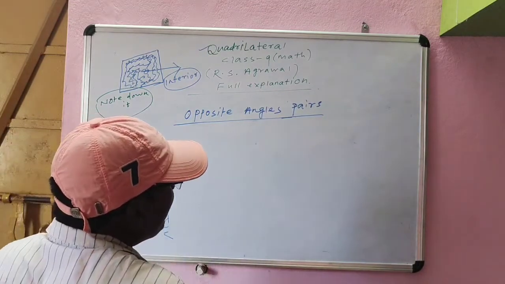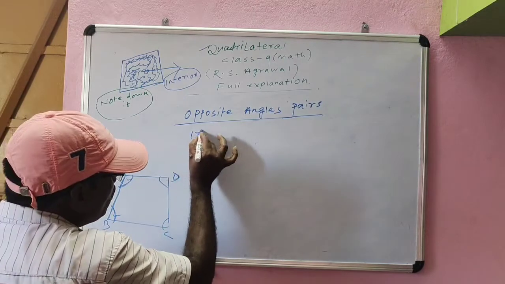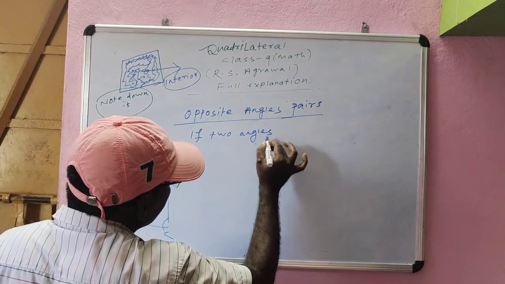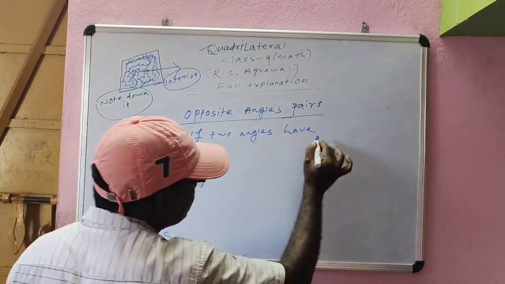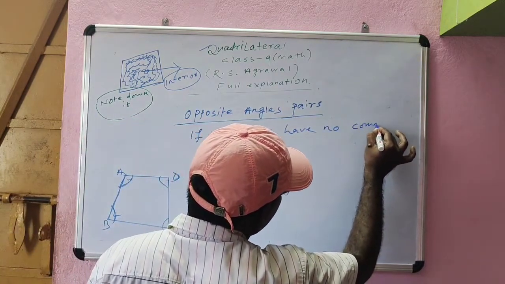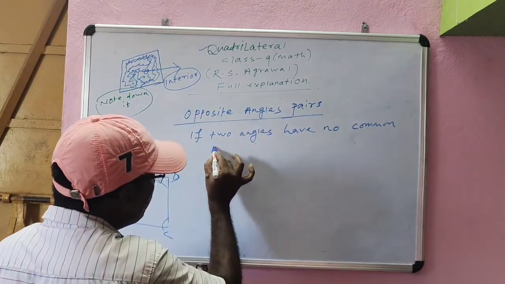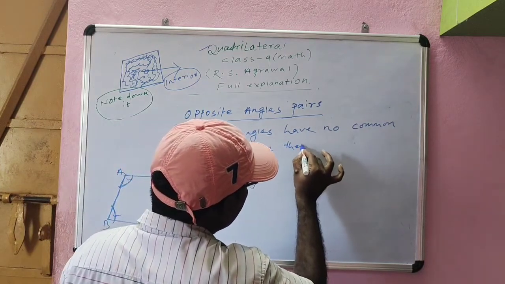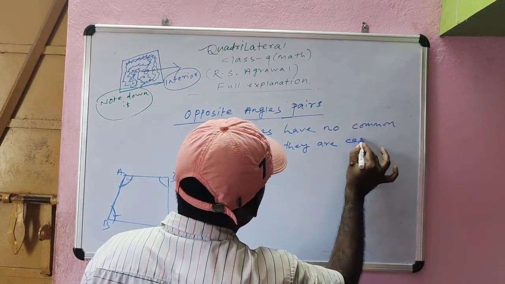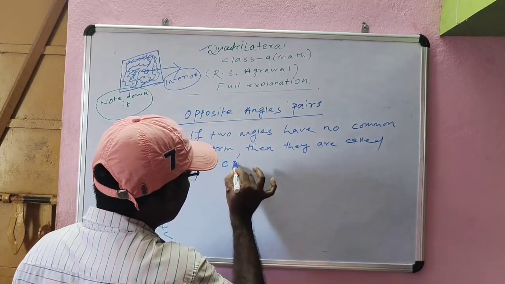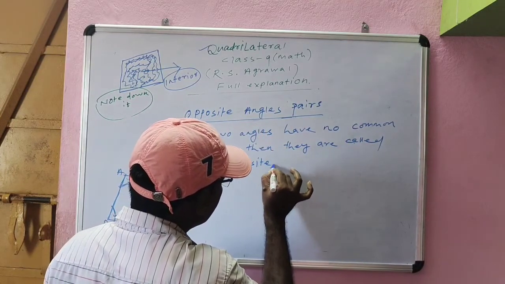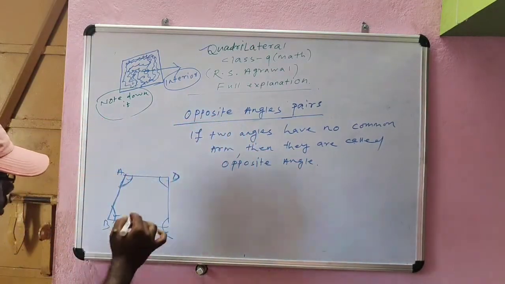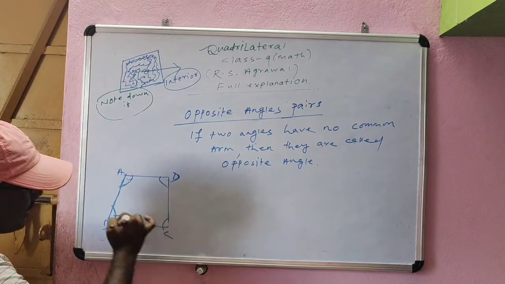What are opposite angles? If two angles have no common arm, then they are called opposite angles. Look at this picture.